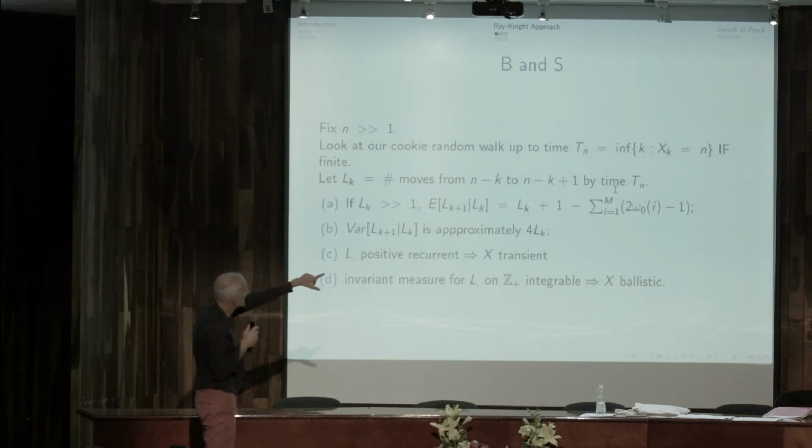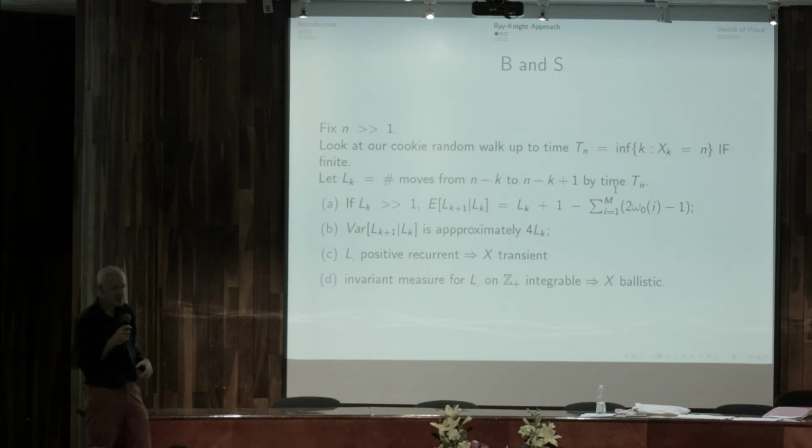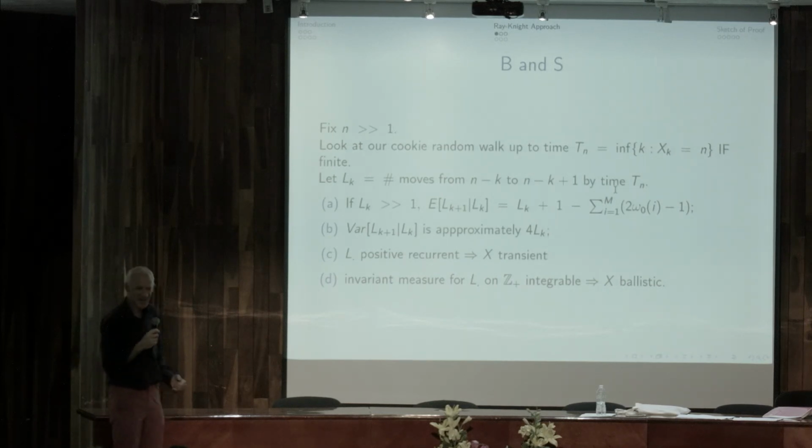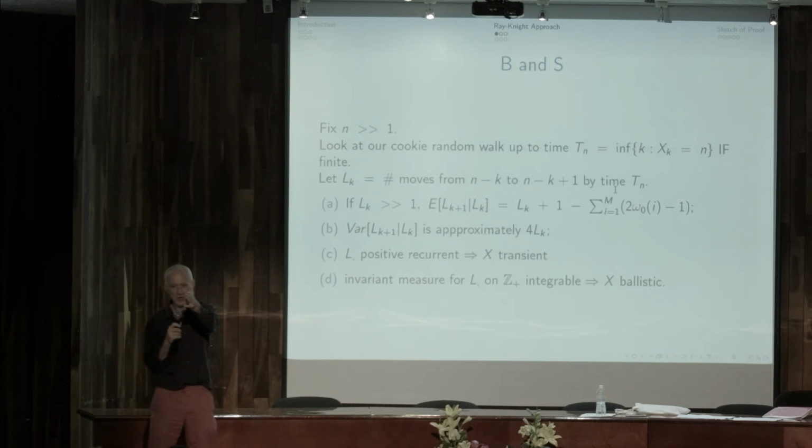And now, of course, I've written IF in capitals because, like the demented people on political blogs, I use capitals to emphasize things. Okay, this may not happen. There's nothing that says your cookie random walk couldn't be transient to the left, go to minus infinity.